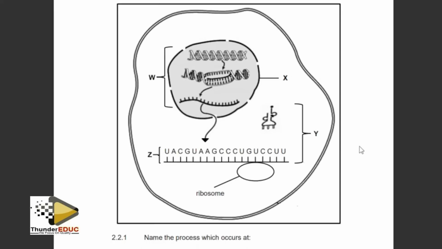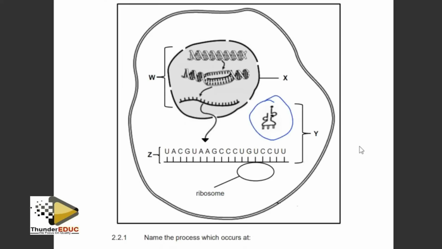What is X? In most cases, people say that X is a cell membrane. X is not a cell membrane. X is a nuclear membrane because the cell membrane is outside. This is a nucleus, but they can ask you the process. What is this? This is translation.